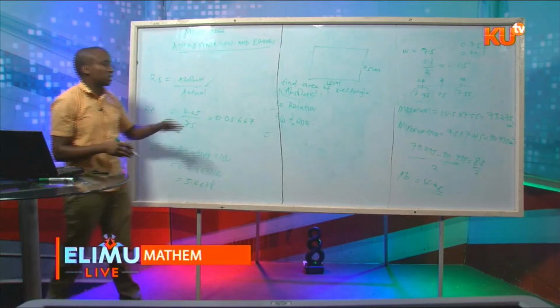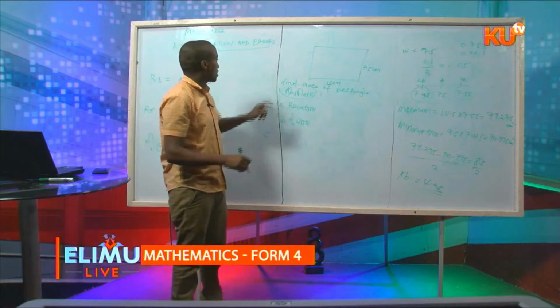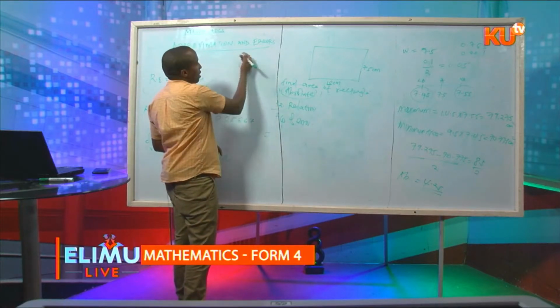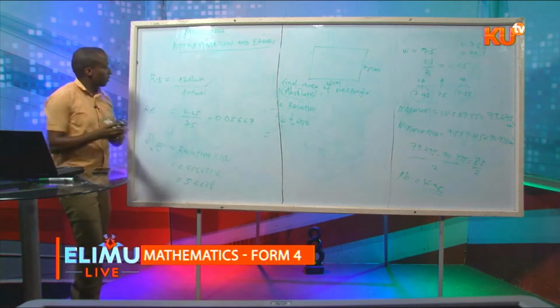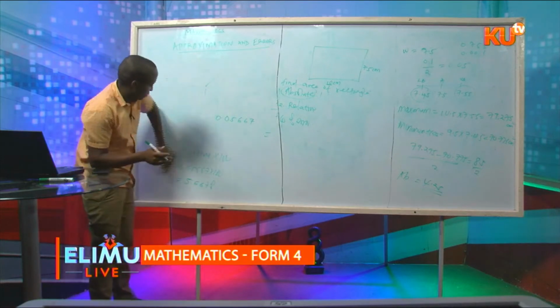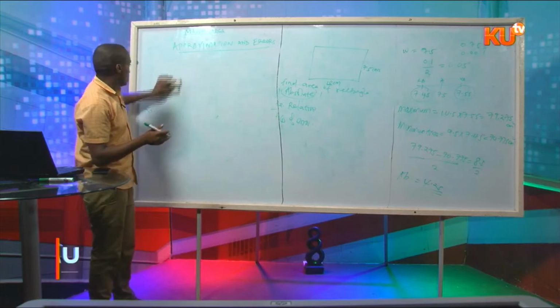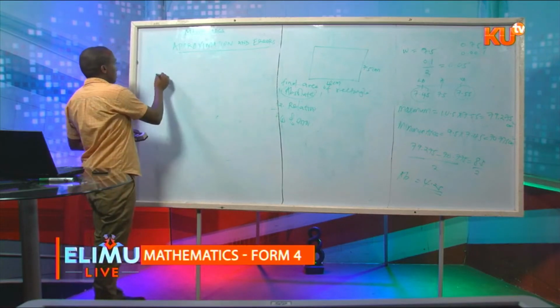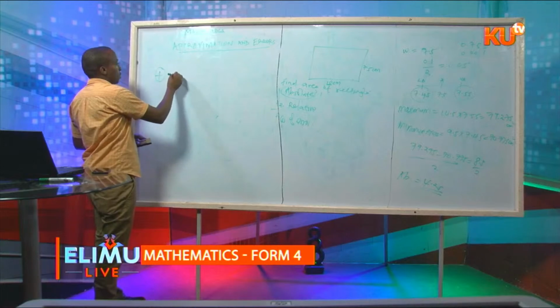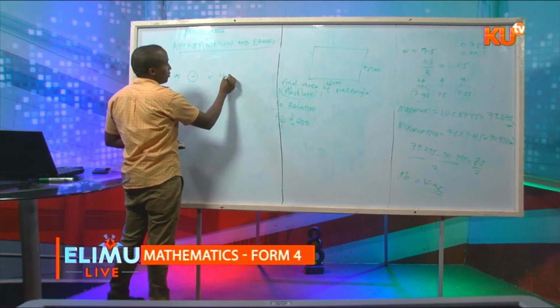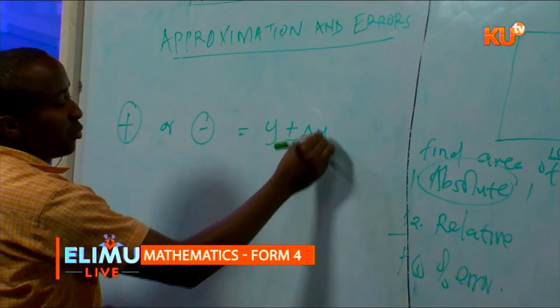The concept is what changes about the absolute, because the actual formula of the absolute differs between addition and multiplication. When it comes to plus or minus, that is very simple.